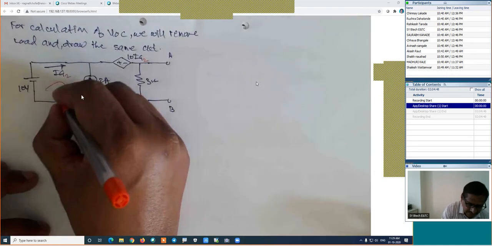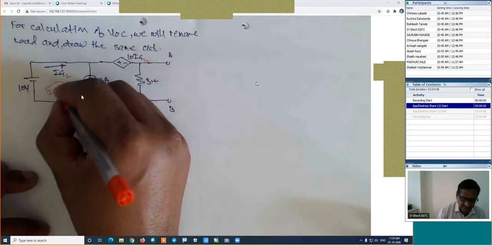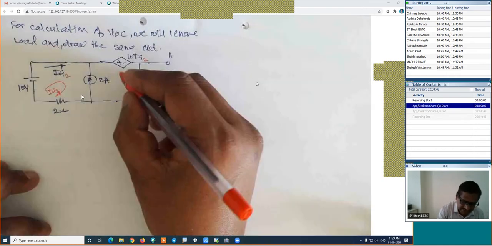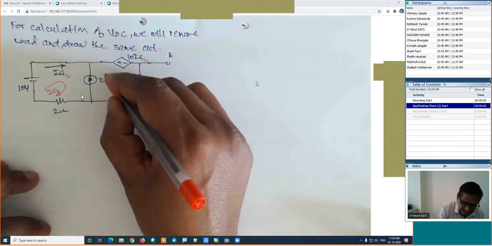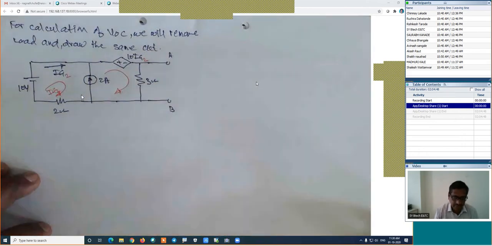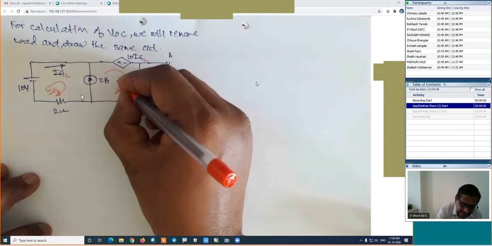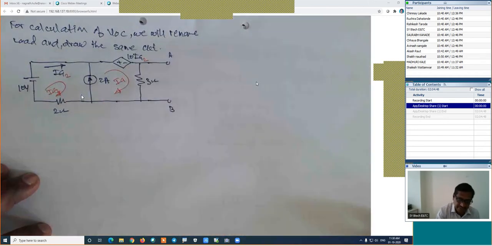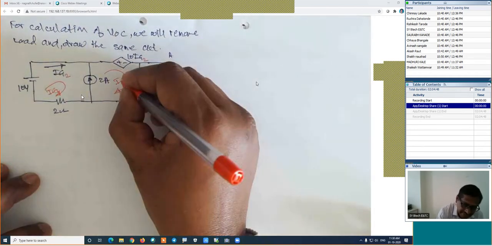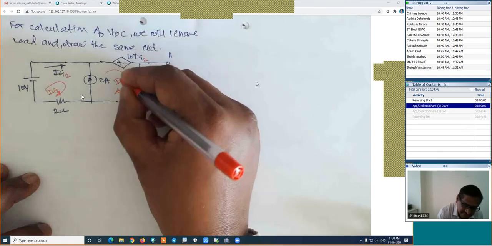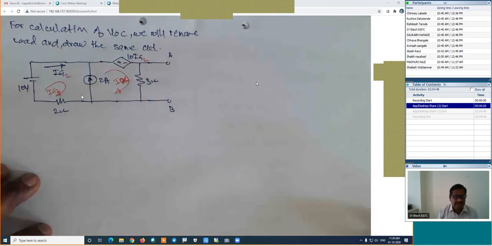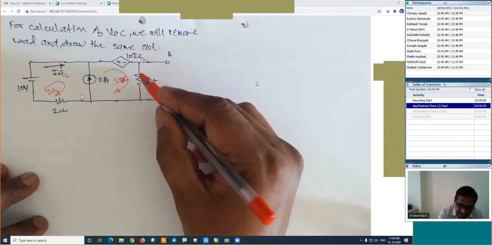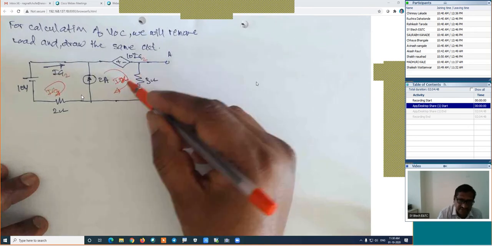This current will be IA2, right? And this current, I will give some different name. Maybe IX, because IA is already name is available. Now we have the two loops and two equations, and we are interested in the calculation of voltage, means we are interested in this current in this branch, which is IX.